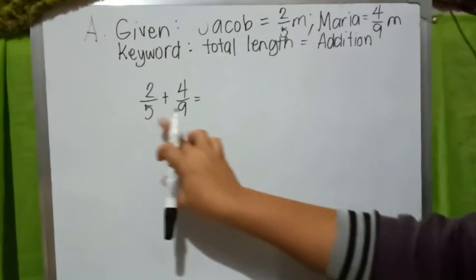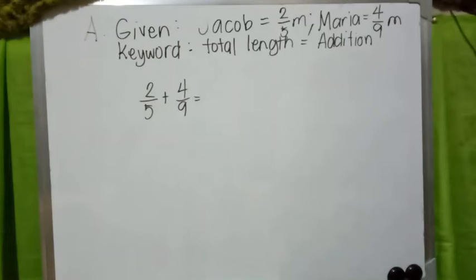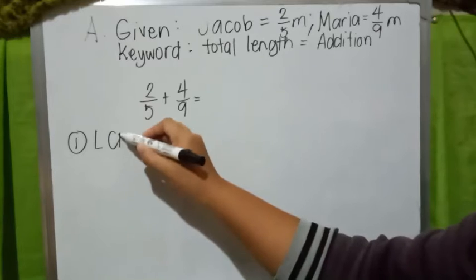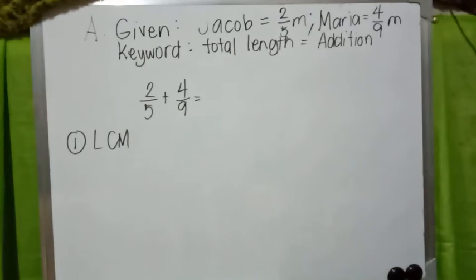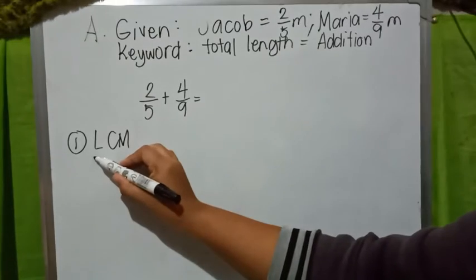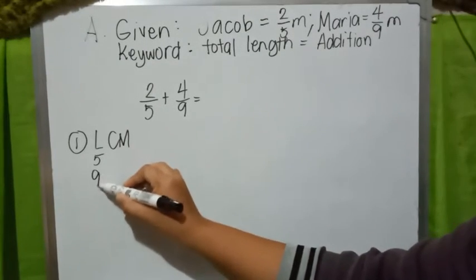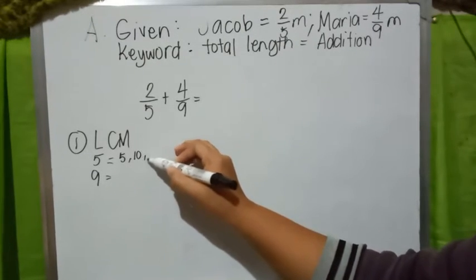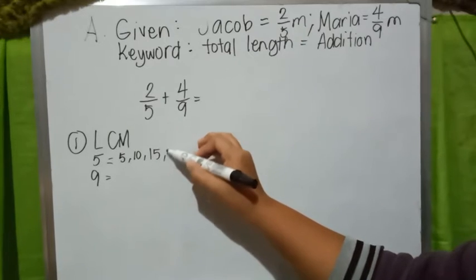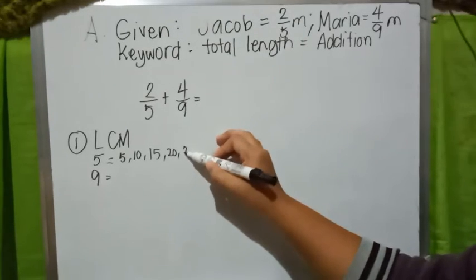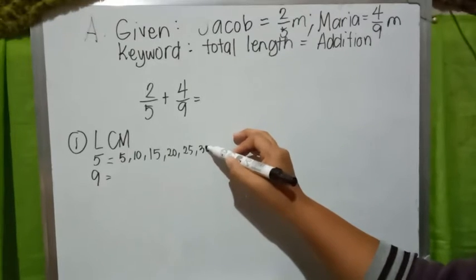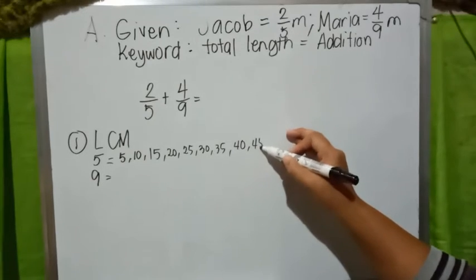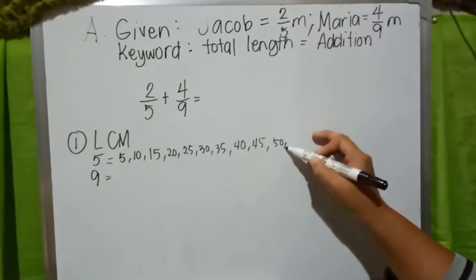As you can see, we have unlike fractions, right? So we need to find out first our LCM, or least common multiple. We have 5 and 9. Let's start with 5: 5, 10, 15, 20, 25, 30, 35, 40, 45, 50, and so on.